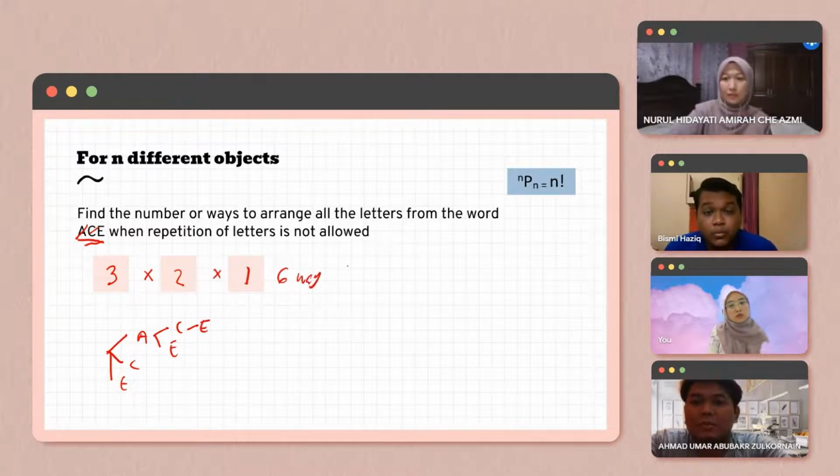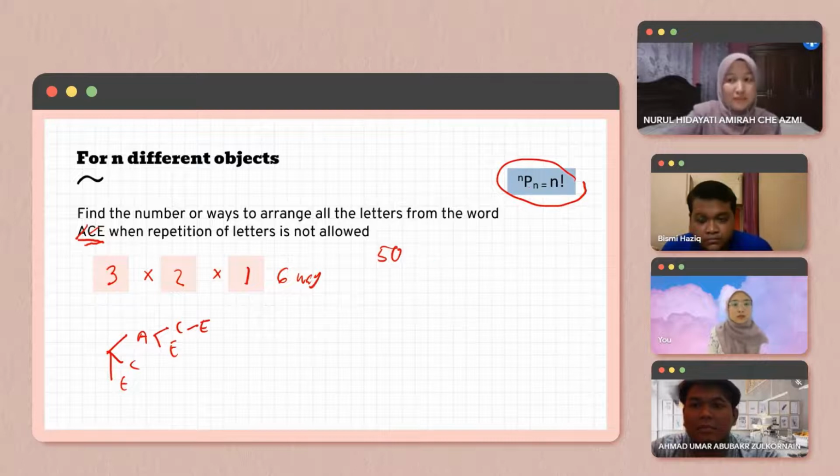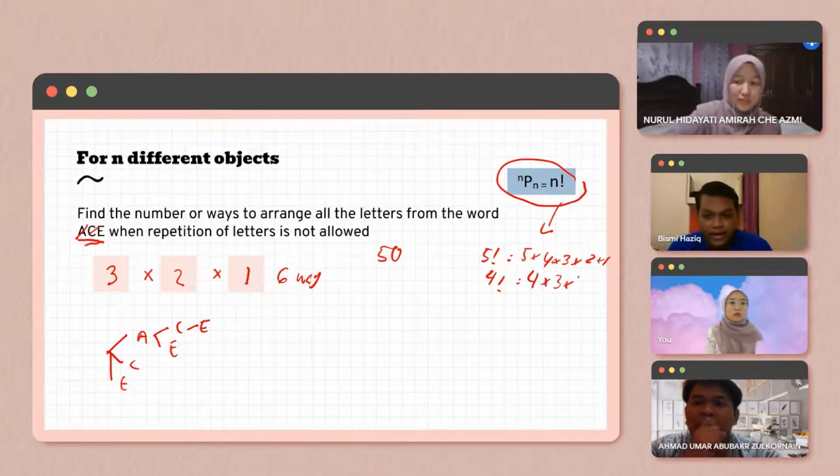This formula is easier for you to use, because let's say you have 50 letters, you're not going to list 50 times 49 times 48, right? So you just need n factorial. Factorial means, let's say you have 5 factorial, that is 5 times 4 times 3 times 2 times 1, or 4 factorial is 4 times 3 times 2 times 1.